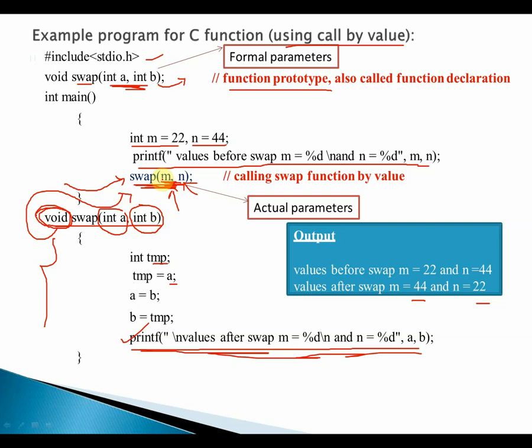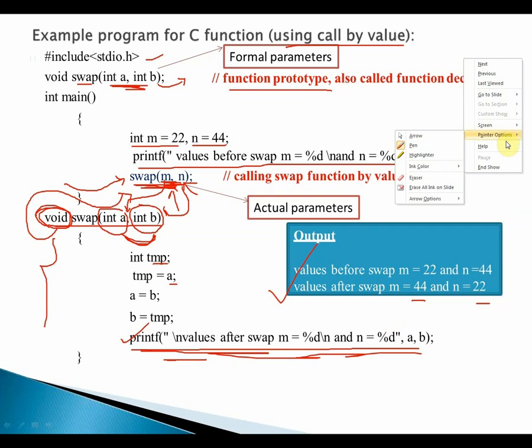Suppose m takes a value of 22, 22 will be stored over here, and n which takes a value of 44 will be stored in this position, in this parameter rather. So those values will be swapped and then finally printed. You get a correct output, no doubt. It is not a wrong method, but this method is bypassing the values. So this was it about call by value.